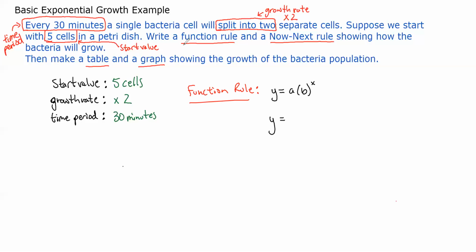And then a is going to be our start value, which is 5. And then b is our multiplier, which is 2. And then x. Don't need to change x. X is fine just the way it is.